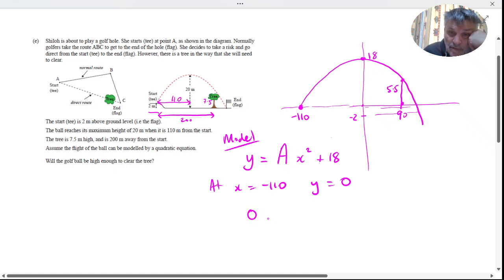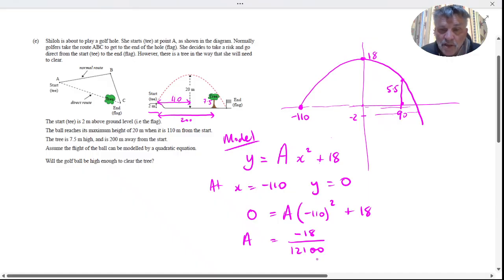So we get 0 is equal to a times negative 110 squared plus 18. That means a times this equals negative 18, and then we divide by this squared. 11s are 121 with 2 zeros on the end.